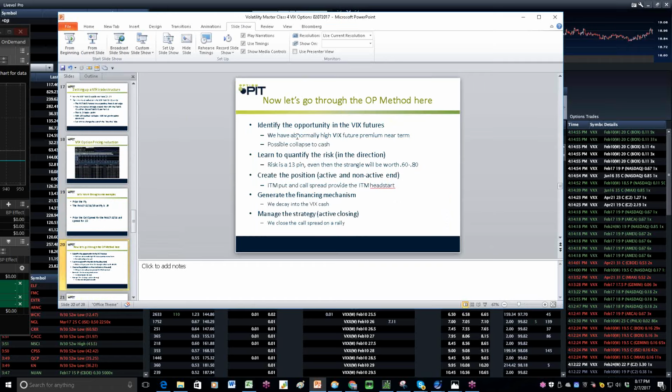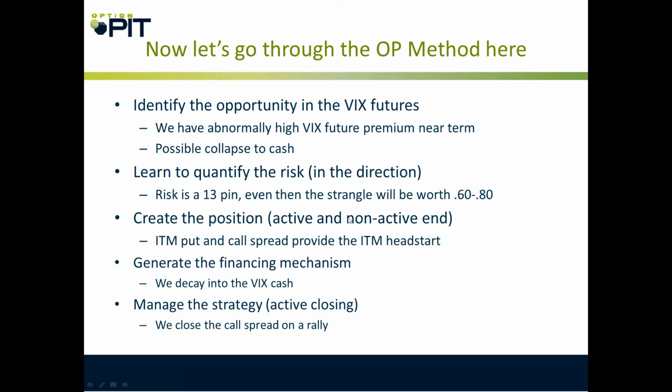So when I go through this now, just as we wind down, you have an abnormally high VIX future premium near term with a possible collapse. Well, I'm not trying to reinvent the wheel, Nick, because it's the same as all the other strangles and straddles we price. There's a method to it, even though it just doesn't sound like it.